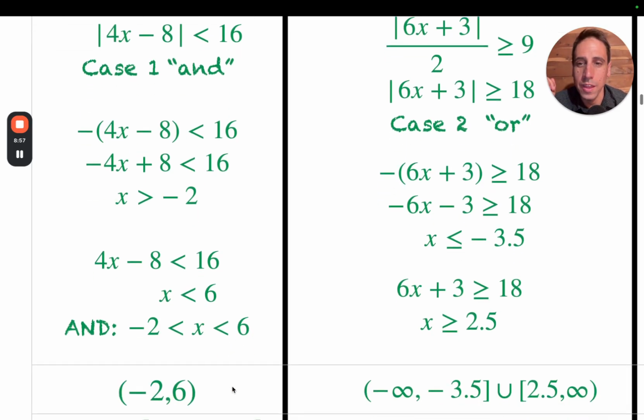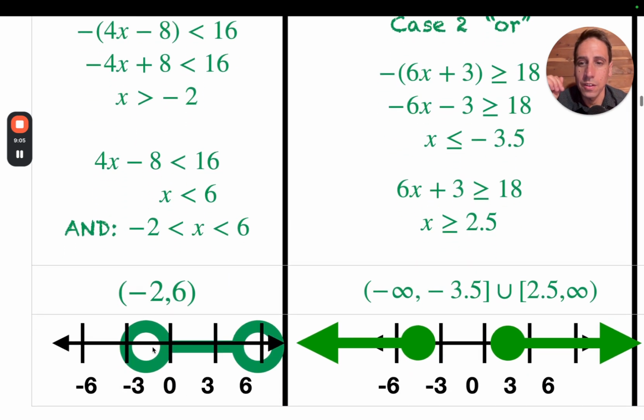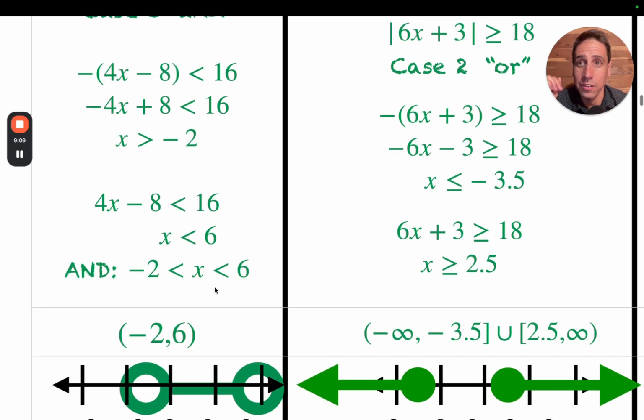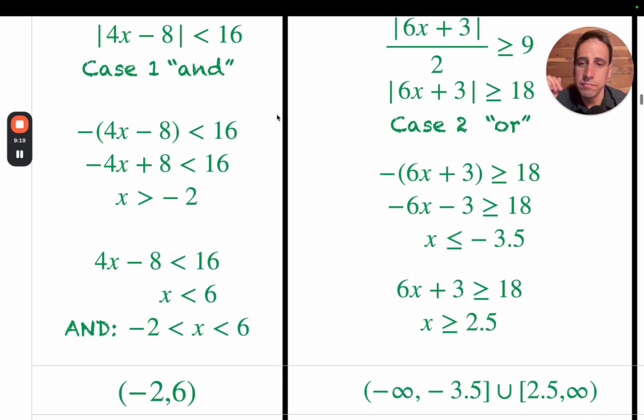If you wanted to write that in interval notation, it starts at -2 and goes all the way up to 6, and we're not including -2 nor 6 in either one, because if you put them in the original, you'd get 11 is less than 11, and technically that's not correct.